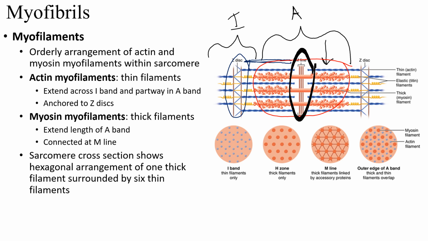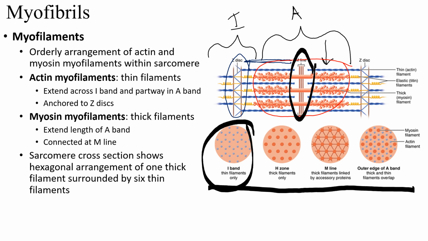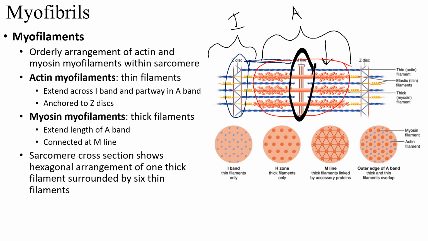So when you look at sarcomeres in cross-section, which are these things right down here, you can see different kinds of images. So this one shows I band filaments only, and then this next one is the H zone, and then we have the M line, and then finally this one is thick and thin overlap.